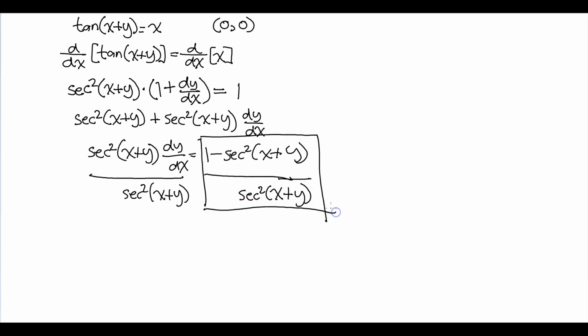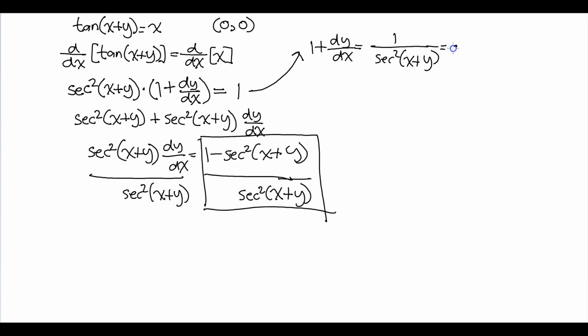Well, you could have noticed another way we could have done it. You could simply divide by secant squared of x plus y over here. So we get 1 plus dy/dx equals 1 over secant squared of x plus y, which you might recognize as cosine squared of x plus y, since 1 over secant is cosine.